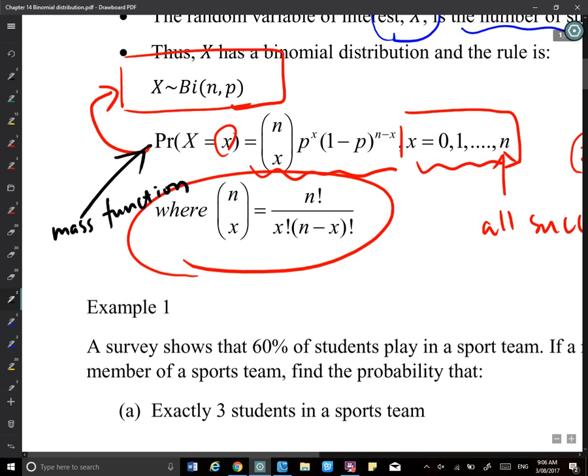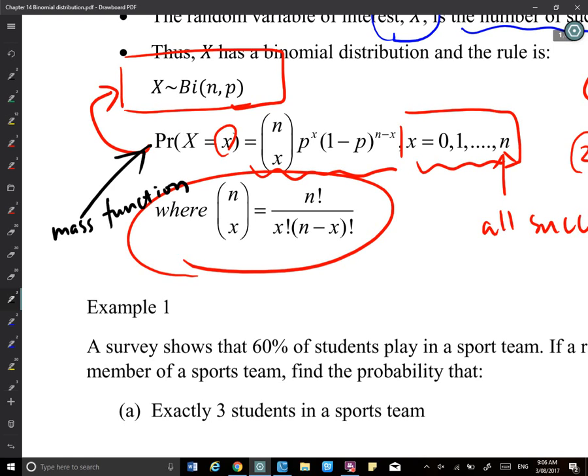This gives your probability by the math function, and you can substitute 0, 1, 2, 3 until n to set up a table again. You can find individual probabilities for 0, 1, 2, 3, 4 until n and set up a table if you like. So I'm interested in a single number and I can evaluate that by using this formula.